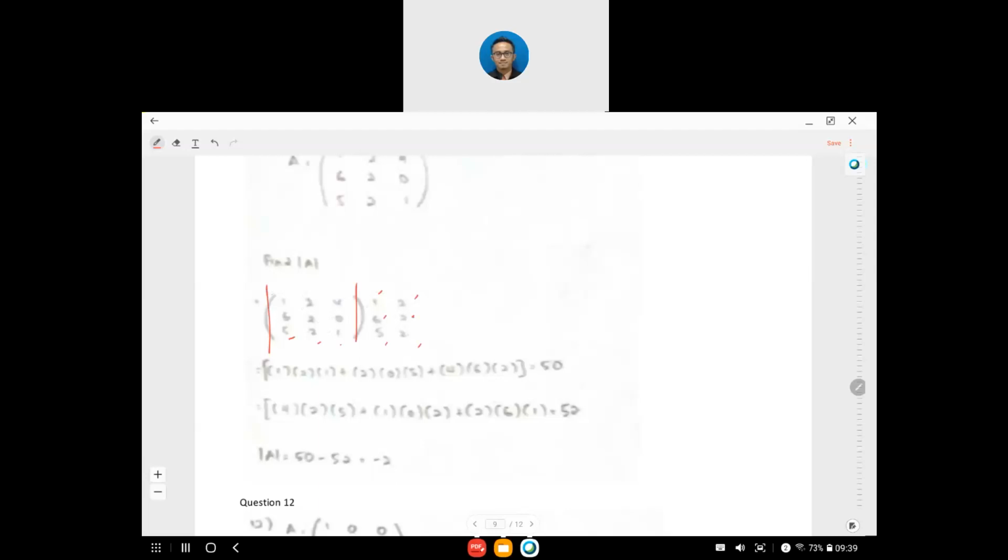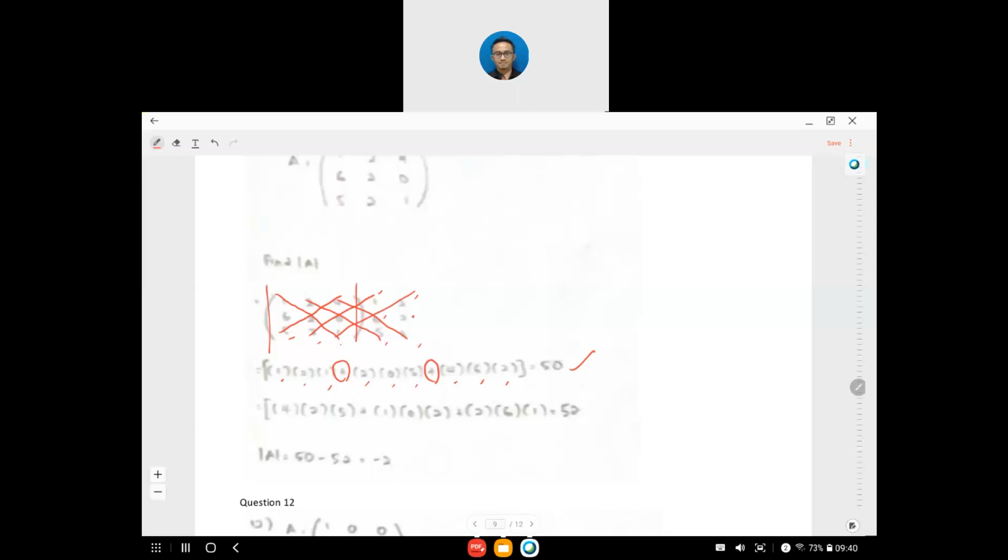Okay, so the first one times by these values. So 1 times 2 times 1 plus 2 times 0 times 5 plus 4 times 6 times 2. So this one equal to 50. Another one, from bottom to top like this.